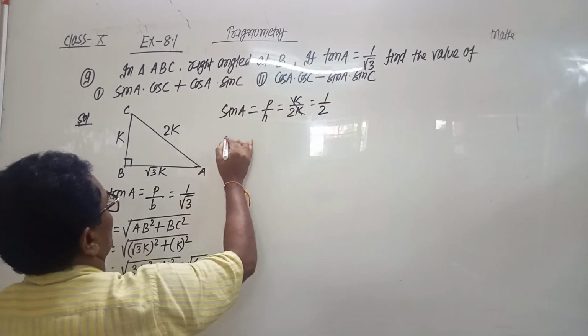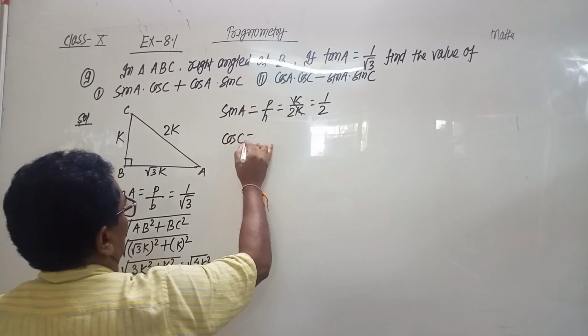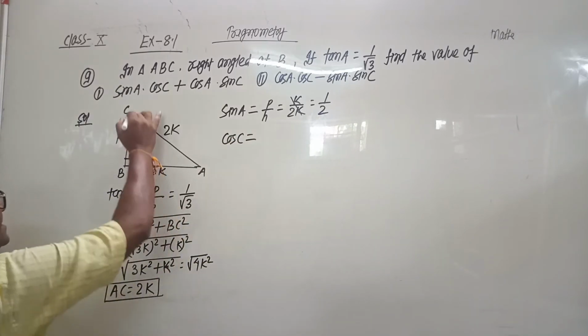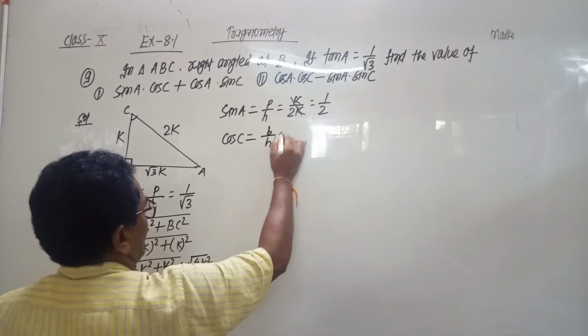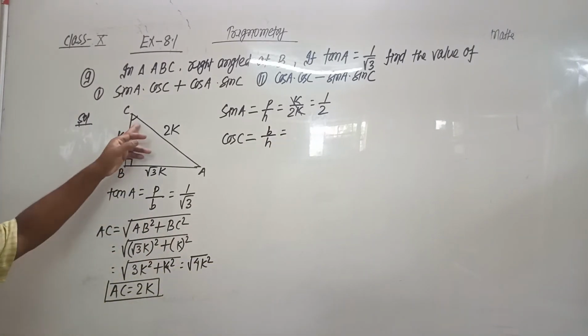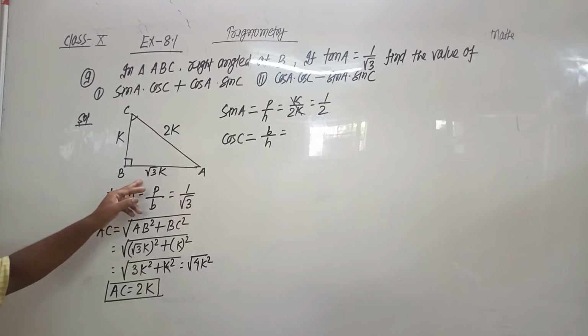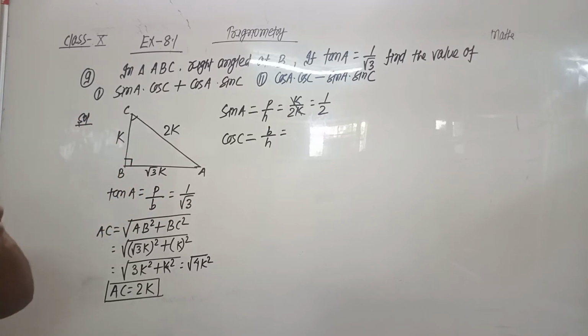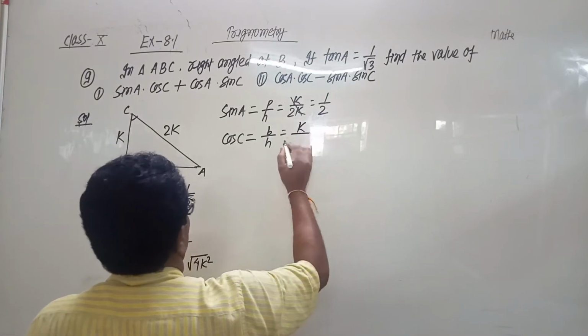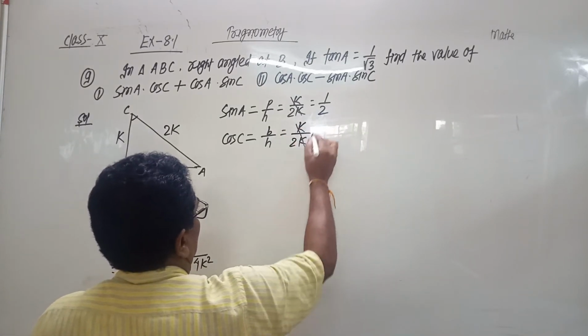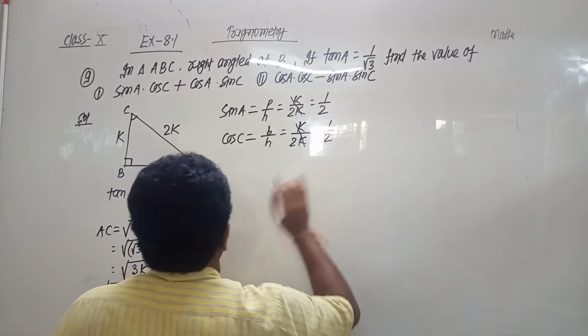Then the value of cos C. For acute angle C, cos C equals base upon hypotenuse. For this angle, AB will be the perpendicular and BC will be the base. So base is k and hypotenuse is 2k, so again we get 1 by 2.